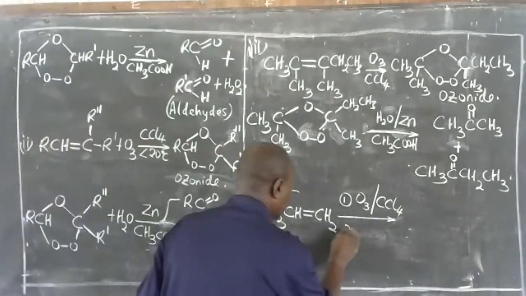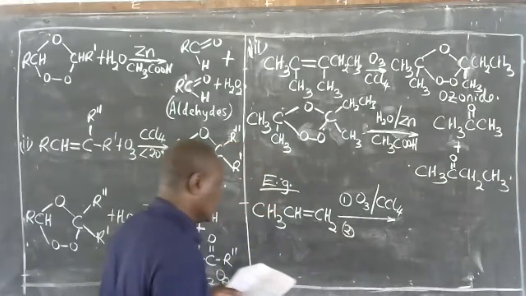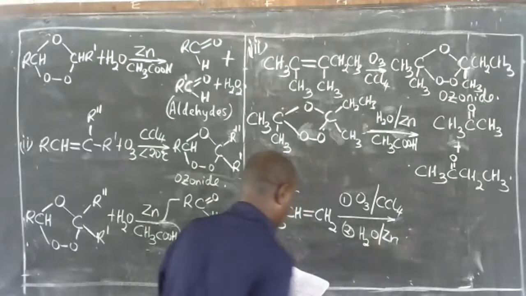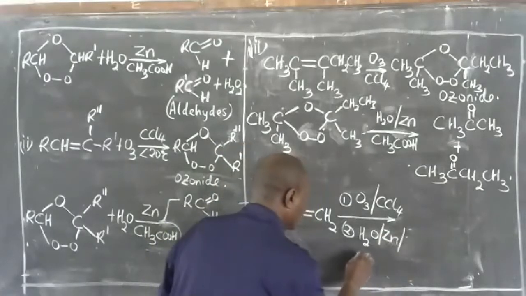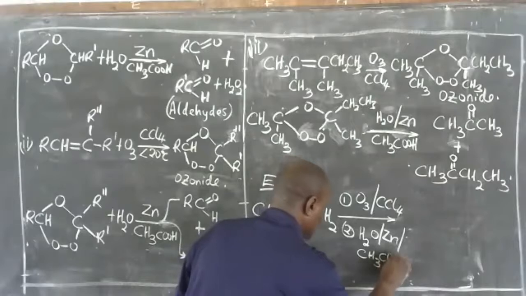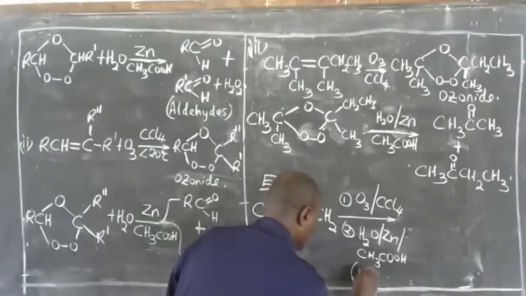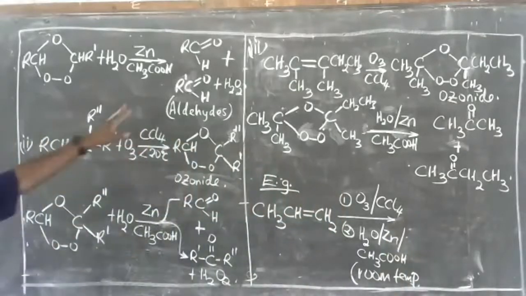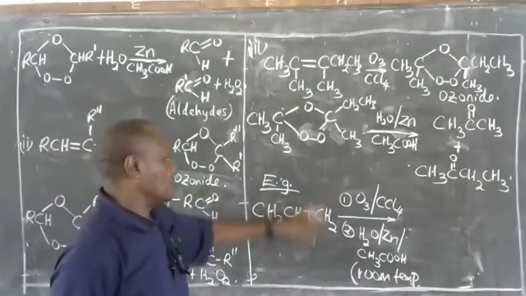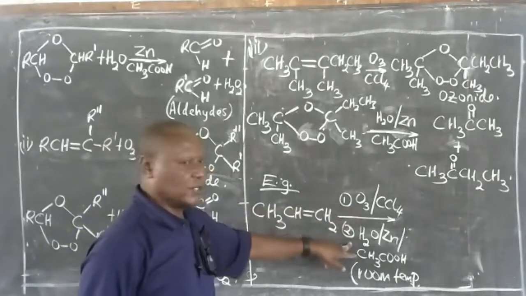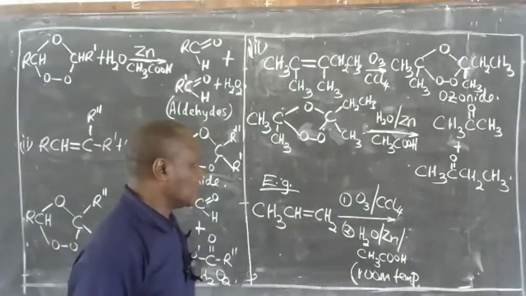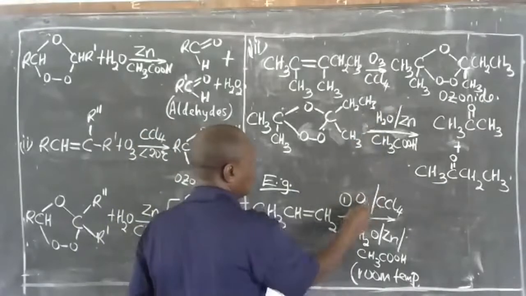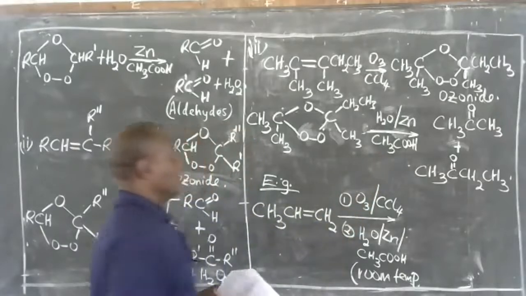Then second condition is that I add water in the presence of zinc, in the presence of ethanoic acid, and room temperature. So we are now winding all these steps here in one step. Ozonolysis and then hydrolysis. That means that after ozonolysis, first condition you get ozonide, then you come to this one here, ethanoic acid, room temperature.